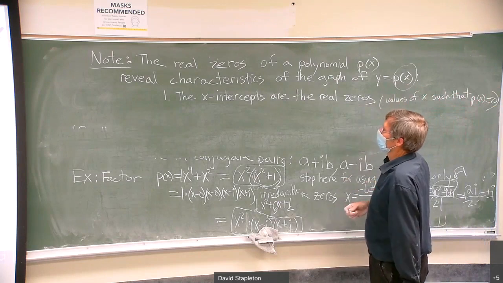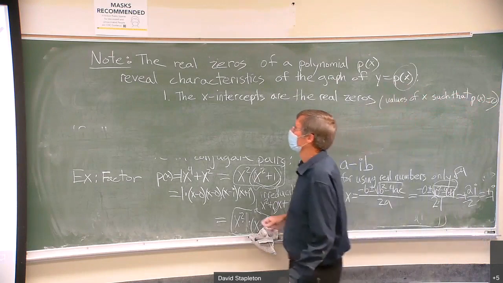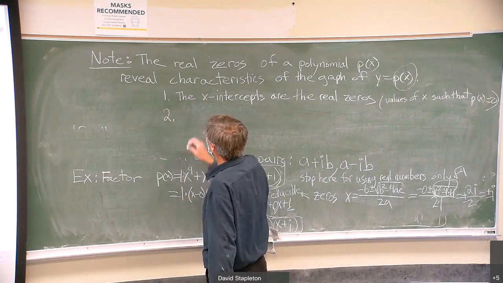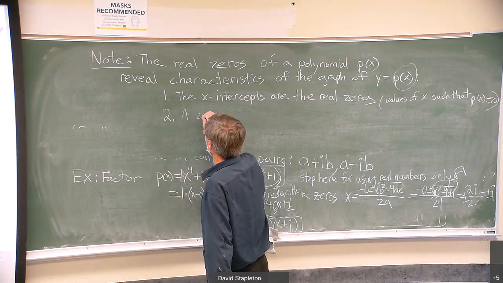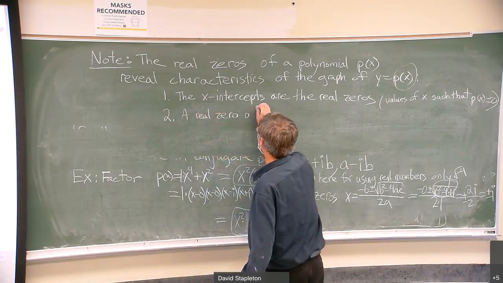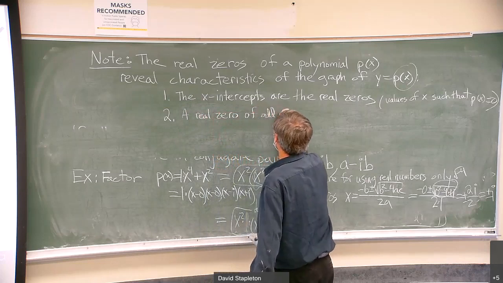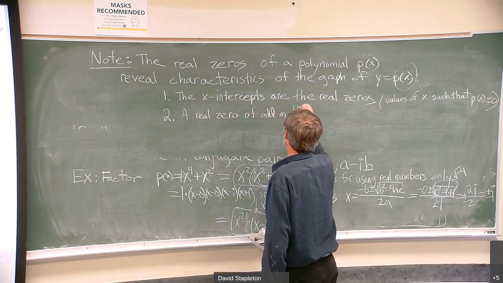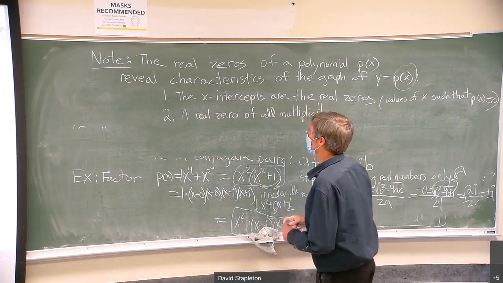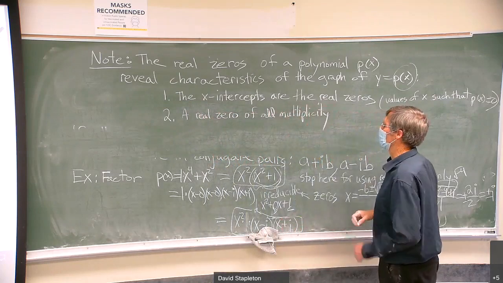That's my definition of x-intercept. Now, what's more is this interesting concept. A zero of odd multiplicity corresponds to a point where the function crosses the x-axis.